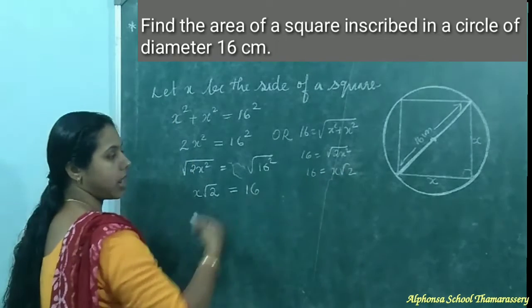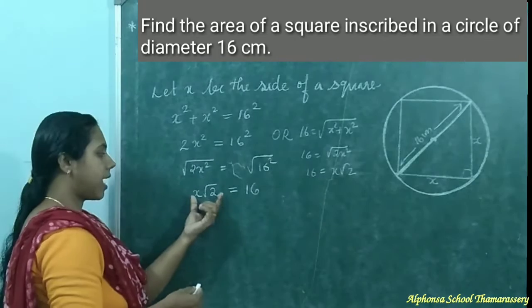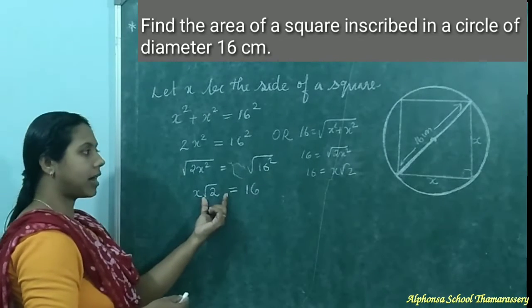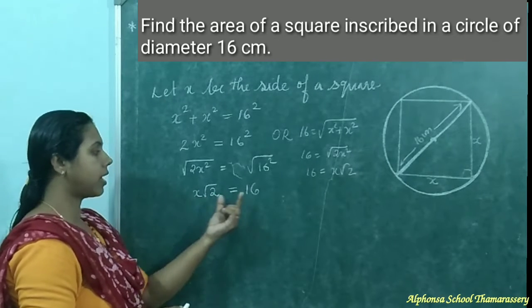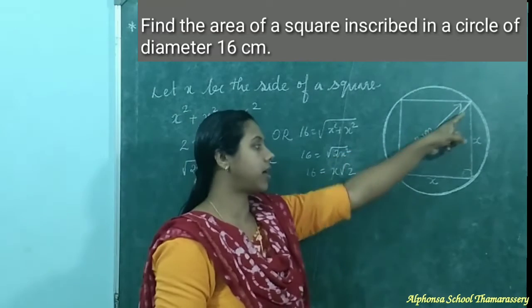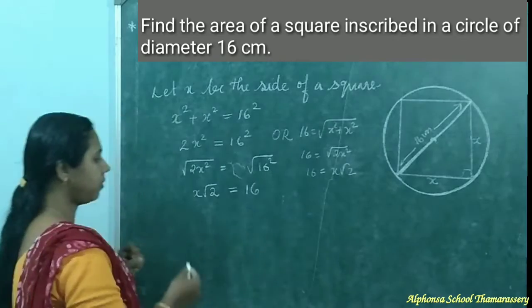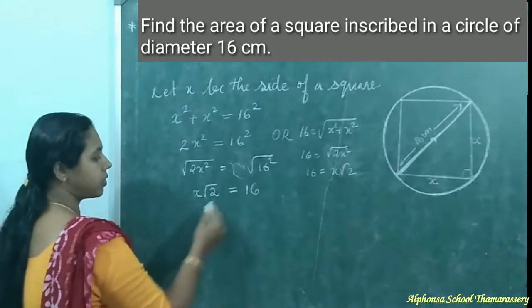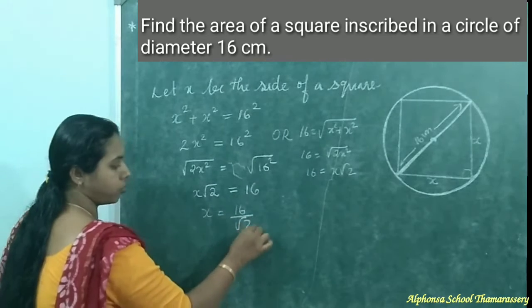This way also you can do it. So this x root 2 is the diagonal of the square. So we got the diagonal of the square is equal to 16. We know that the diagonal of the square is equal to the diameter of the circle. Now x root 2 is equal to 16, therefore x is equal to 16 by root 2.